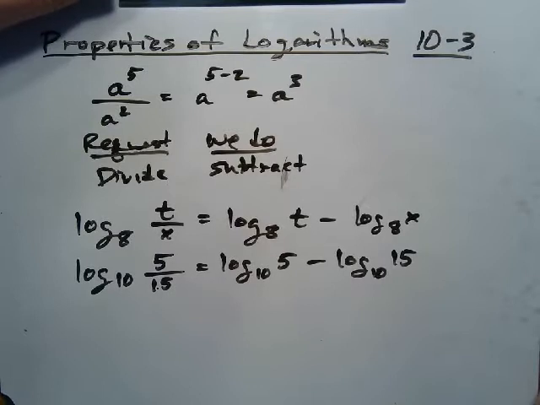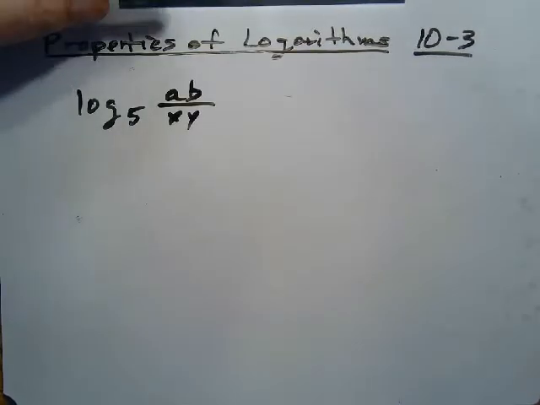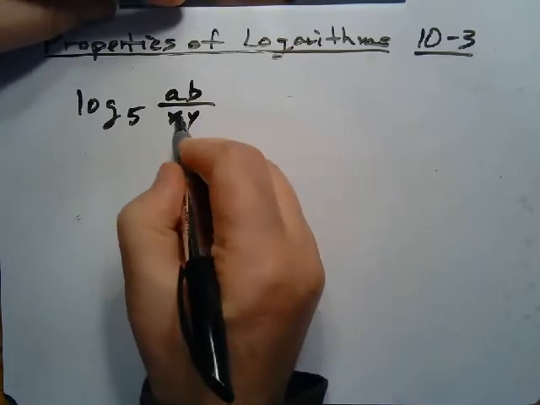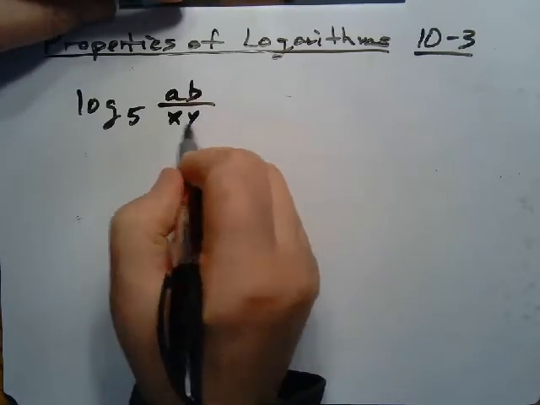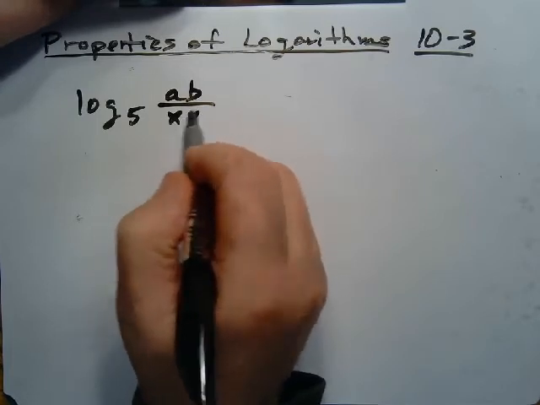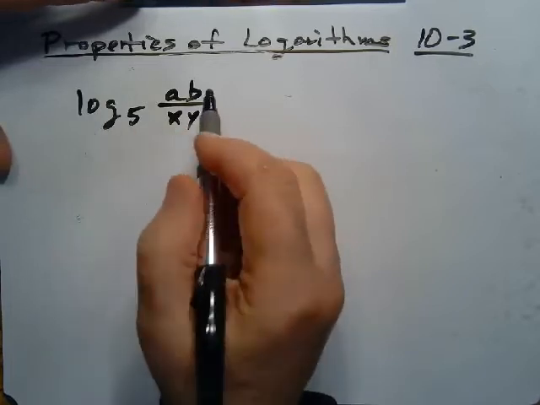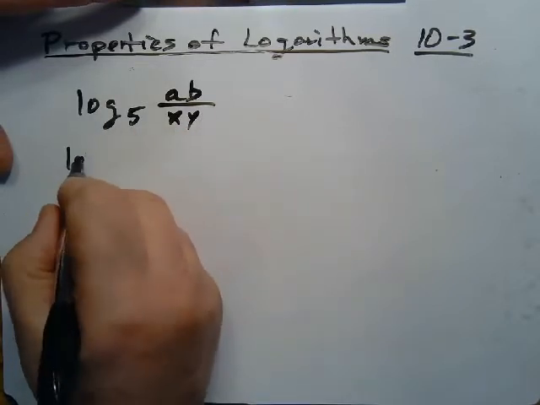Let's try a combination of the two. All right, let's take a look at this one. Notice we've got multiplication in here, and we've got division. Now remember, each of these items on the bottom are actually being divided into. So this is going to be a combination of four things. Let's see what it would be.